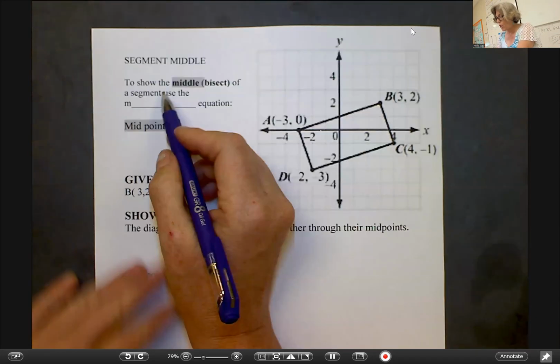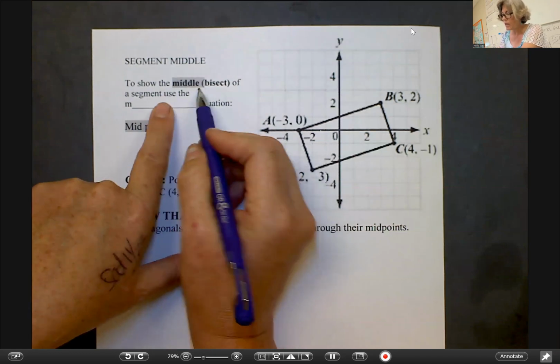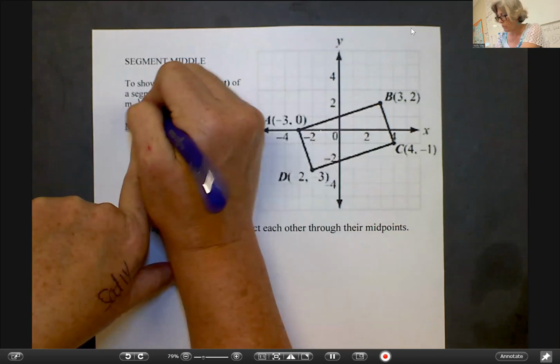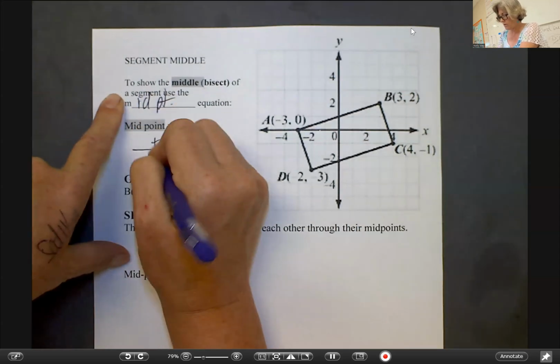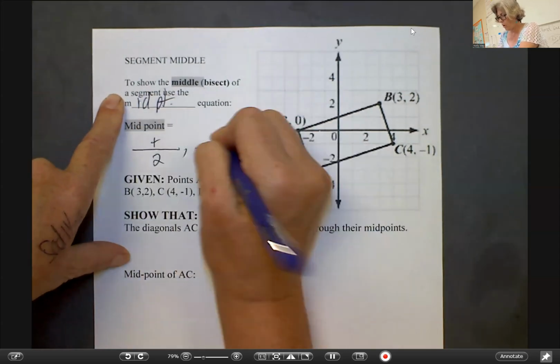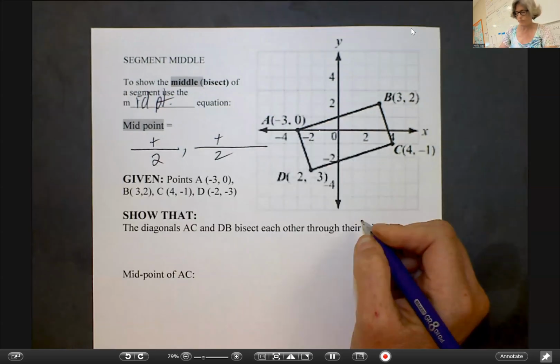If I want to show that something is the middle of a segment, we use the midpoint equation, which is add the x's, divide by 2, add the y's, divide by 2.